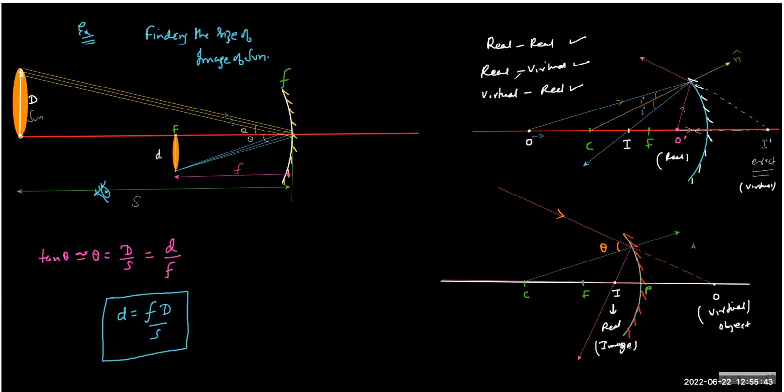The only thing which is not possible is virtual to virtual. We cannot create a virtual image of a virtual object in case of a concave mirror, no matter how you keep the object. And that is obvious from the ray diagram. Everything is possible with the concave mirror, but it cannot create virtual versus virtual. The rest it can create.